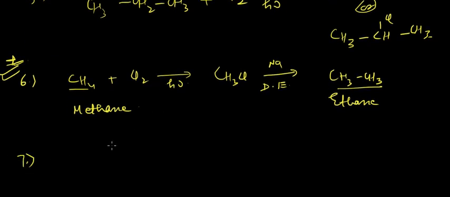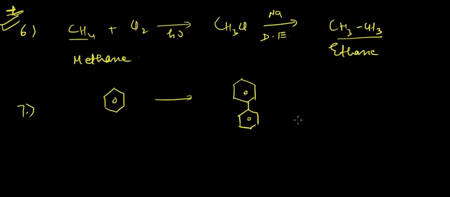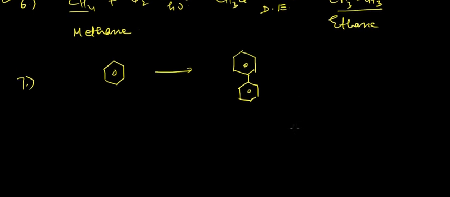Now if we have a benzene, and another benzene or phenyl ring is substituted to it, what would be the reagents you would have taken for this? So first I would have done halogenation.